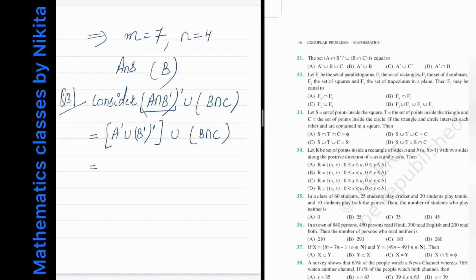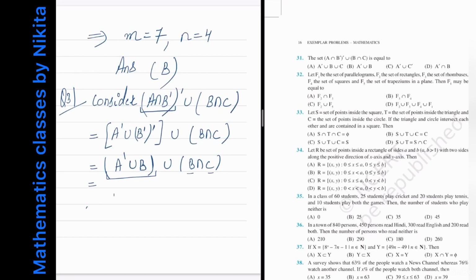Now this is equal to A complement union B union with B intersection C. So regard this as one set and this as second and this as a third set, and apply distributivity.